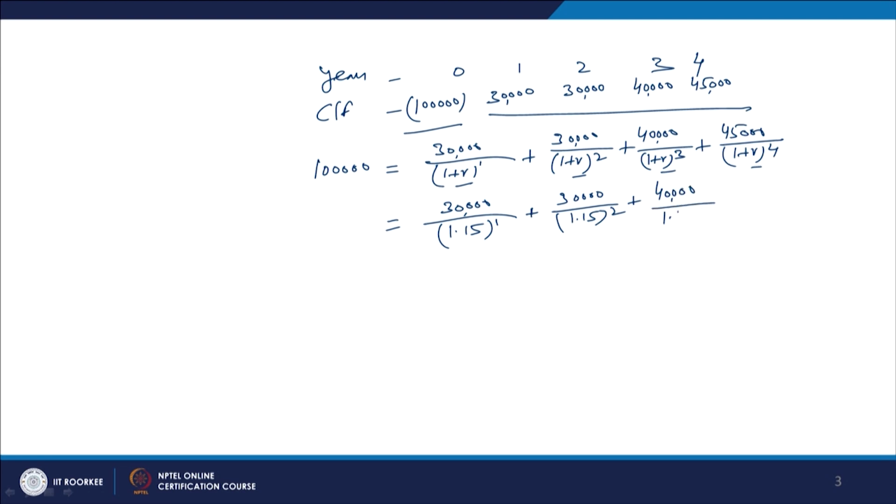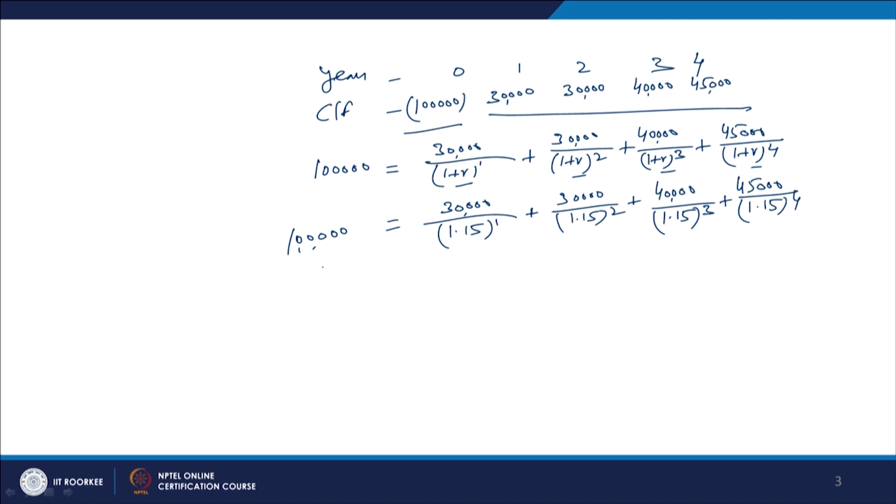Then 40,000 divided by 1.15 power 3, and then plus 45,000 divided by 1.15 power 4. We now have to calculate and make the discounted value of this equal to 1 lakh rupees, or 100,000 rupees.